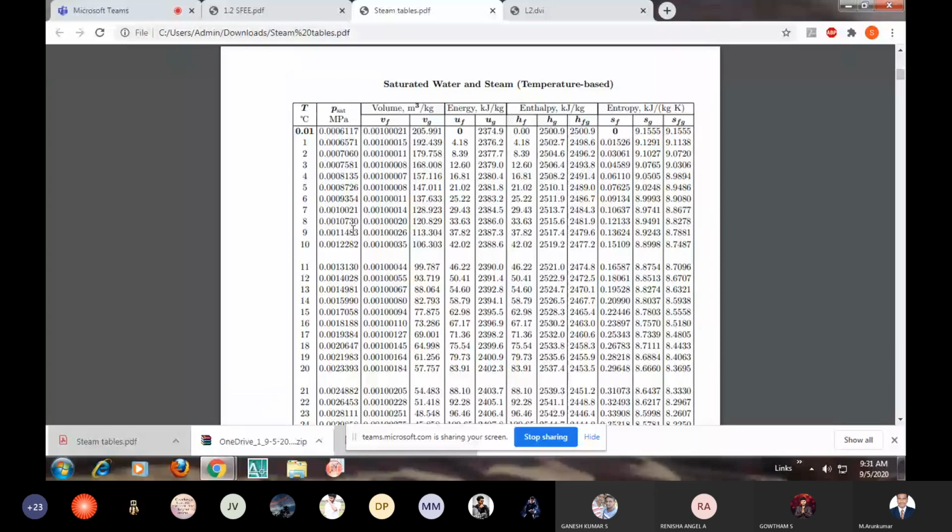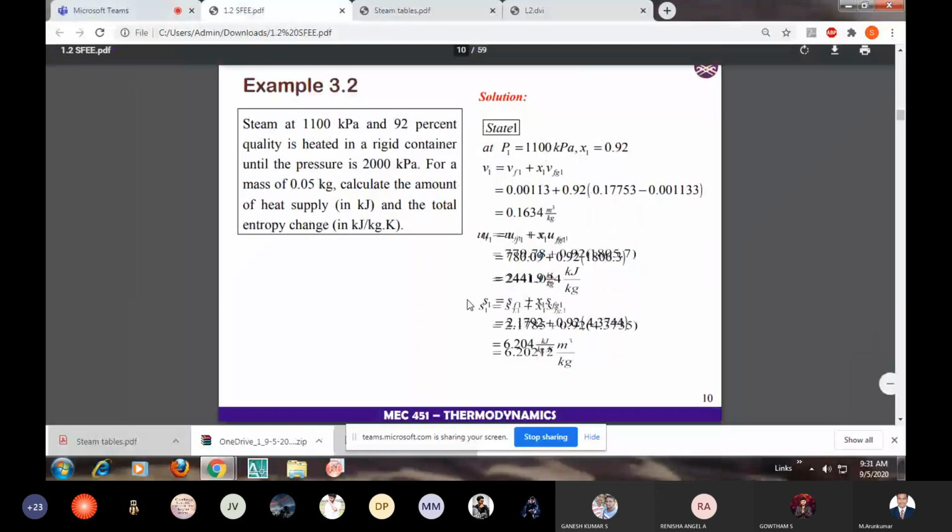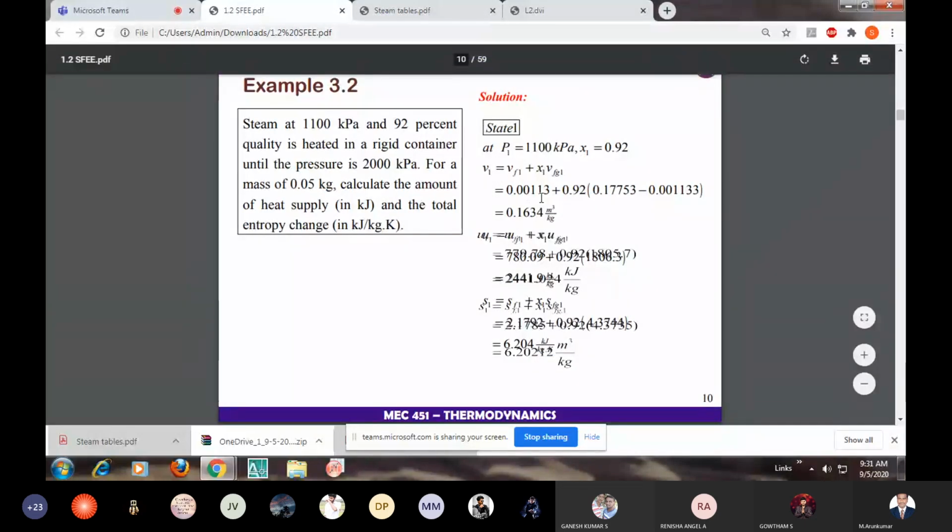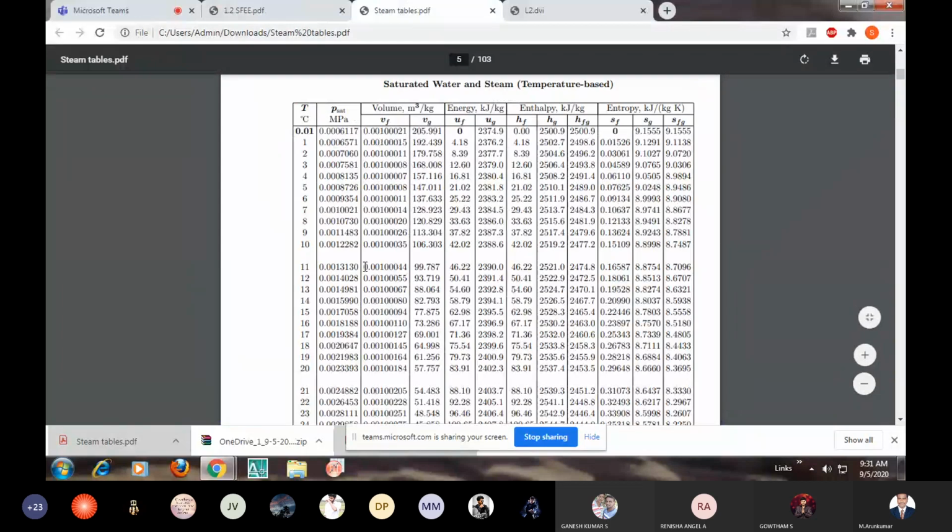Approximately the Vf value will be 0.00113. We just want to interpolate this one, right?